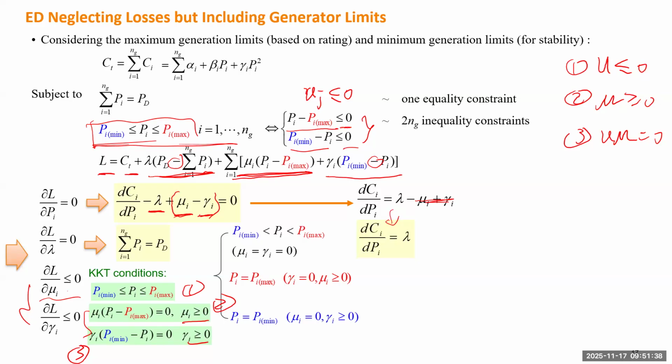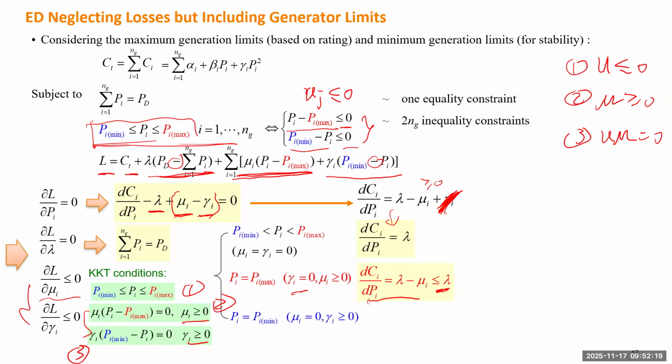The second case. If that's the case, gamma will be 0, so we cross off gamma from here. But because of lambda from here, and because mu is non-negative, this means for such a unit reaching the upper limit, its actual incremental cost cannot be higher than the equal incremental cost, the equilibrium price.